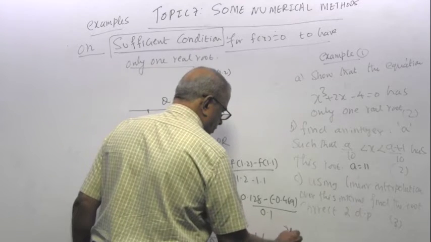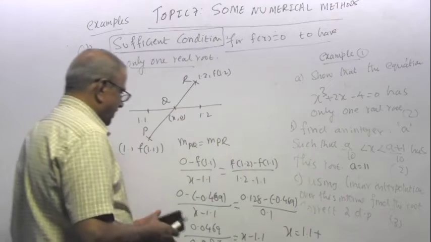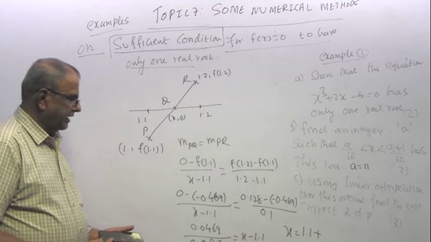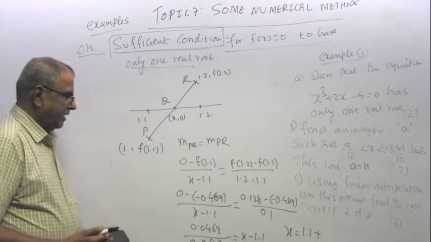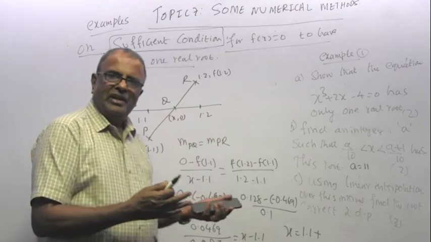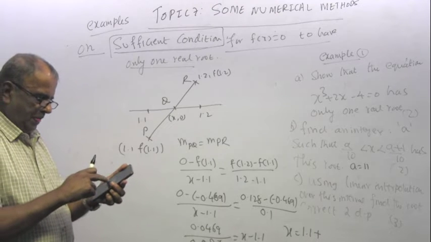So x equals 1.1 plus that. That way, it's easy. Otherwise, you multiply by 0.597, x times 0.597, then 1.1 times 0.597, take it to the other side. You can make your life easier by simple tricks like this.